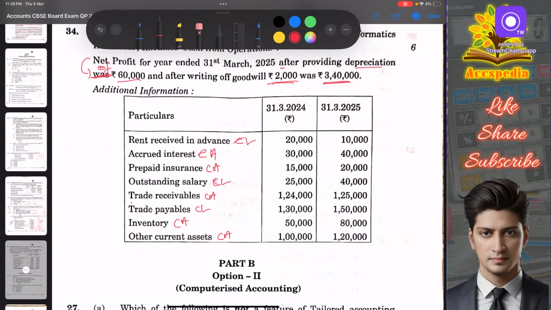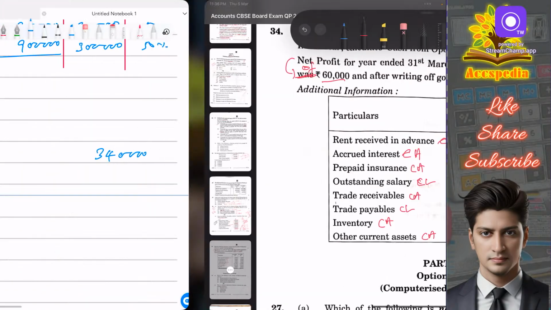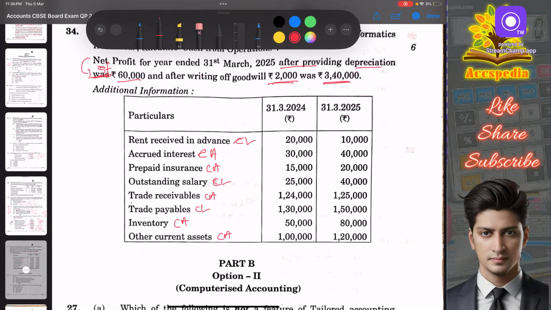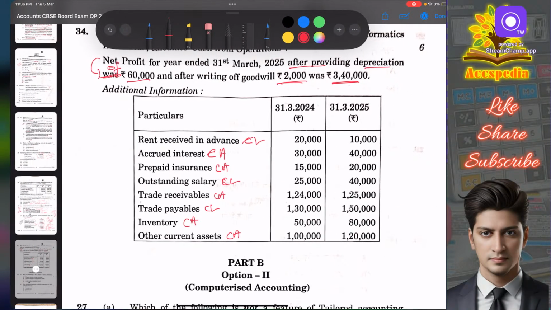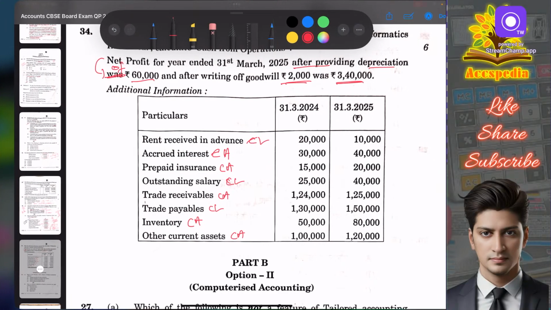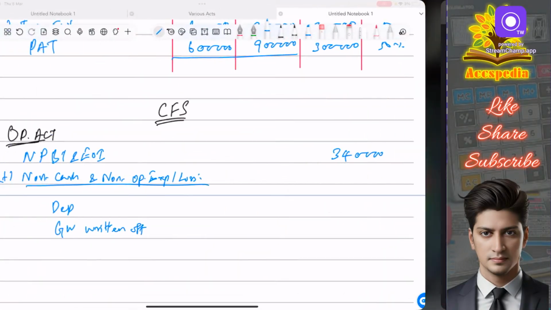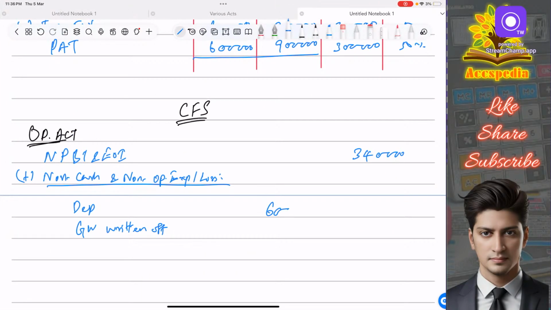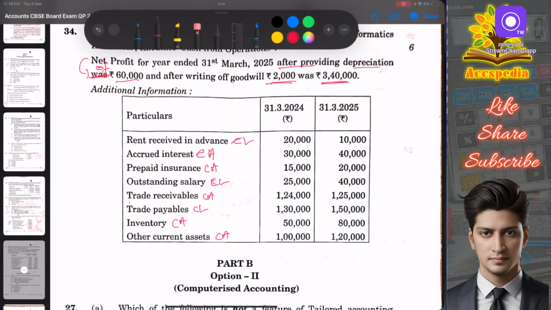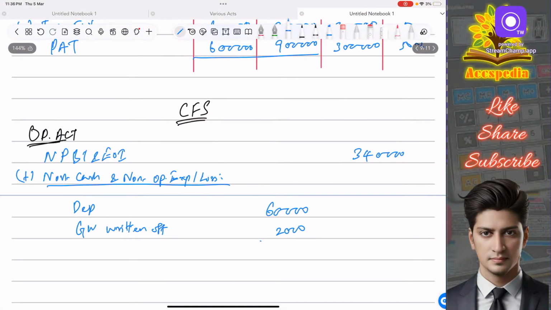Depreciation has been written off from the profit. Since they are non-cash expenses, add them back. Depreciation is 60,000, goodwill is 2,000, so 62,000.